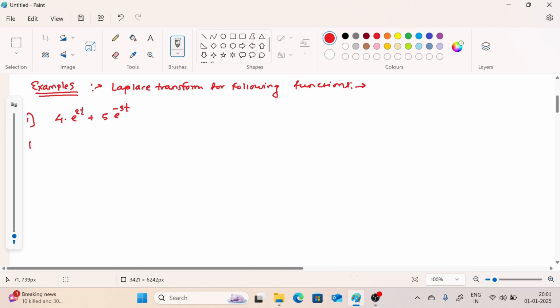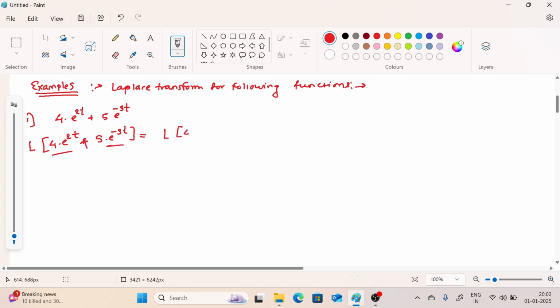What you have to do? You have to find Laplace of 4 e raised to 2t plus 5 e raised to minus 3t is equal to. Now by using the linearity property, since it's a plus sign, I will separate the Laplace for this term and this term.